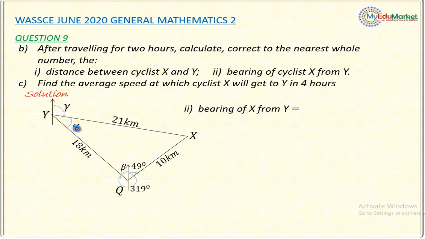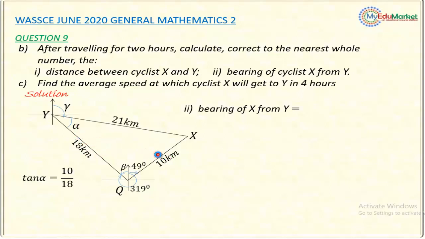So for this angle alpha, because this triangle is a right angle triangle, we have seen that this beta is 41, and 41 added to 49 gives 90 degrees. So I can equally use my trig ratio to find alpha. Alpha is equal to tan inverse of 10 over 18. Remember, the tangent ratio says opposite over adjacent.